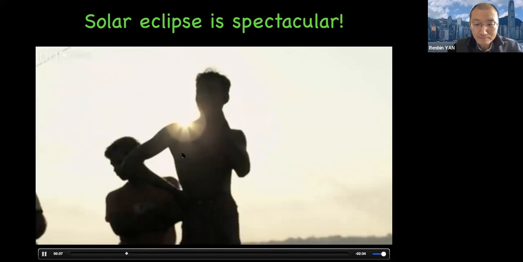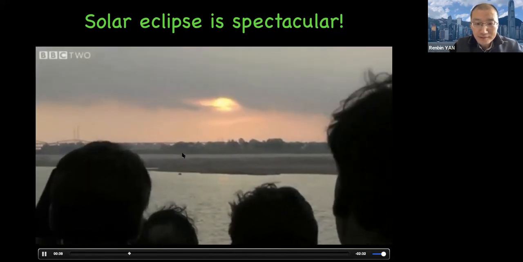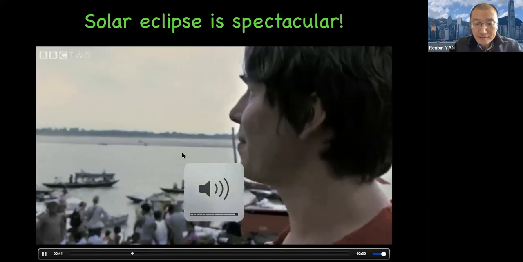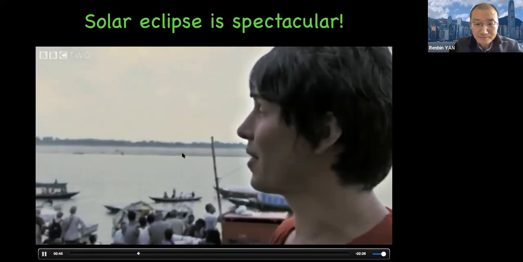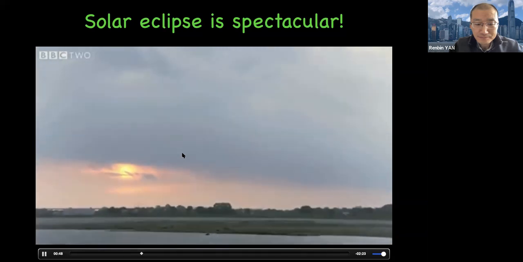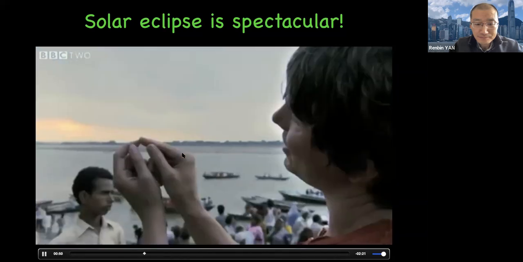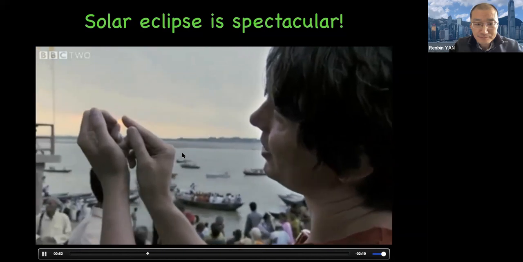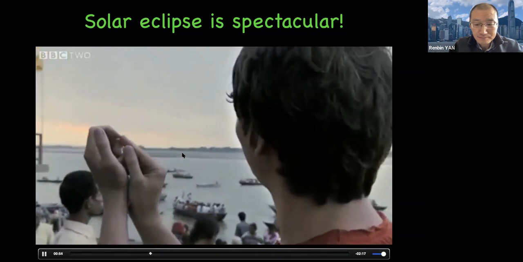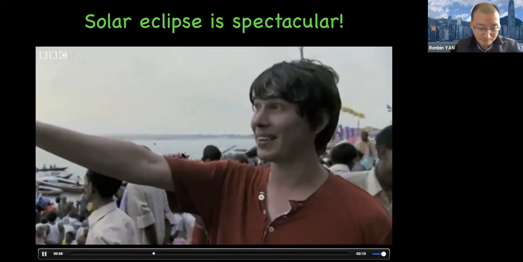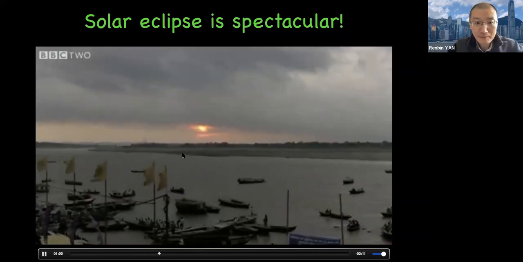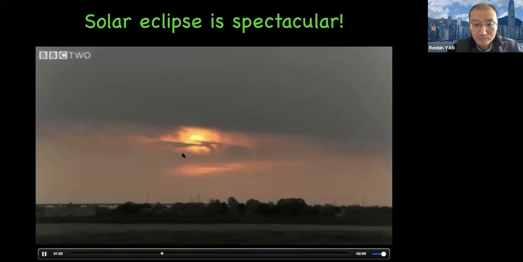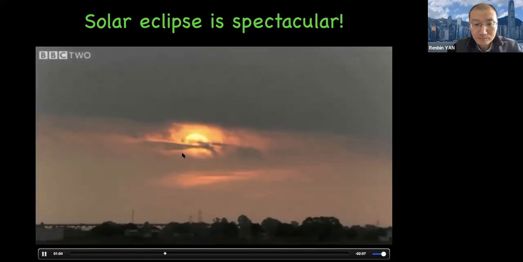It's 5:28. The sun at the moment is obscured by low cloud. The edge of the moon is at this point just beginning to touch the disk of the sun. You can see the sun emerging through the clouds. You can see the disk. Oh, you can see the moon.